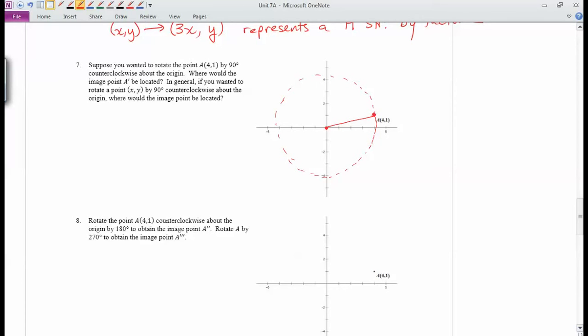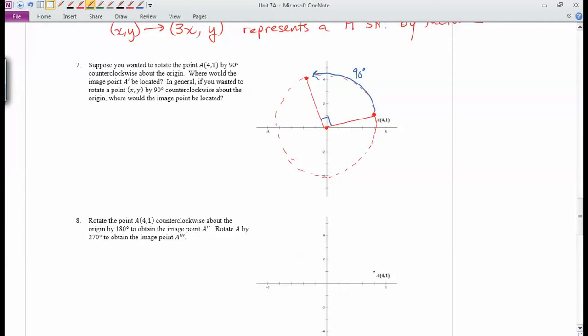So 360 degrees would take me right back to A. If I just wanted to go 90 degrees, that's a quarter of the way around the circle. So I'd end up around here somewhere. So what we're doing is we're rotating 90 degrees this way, which actually makes this angle in the middle 90 degrees.